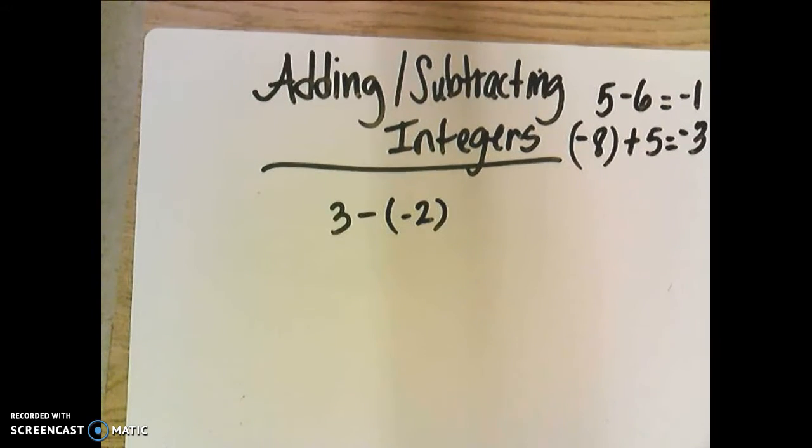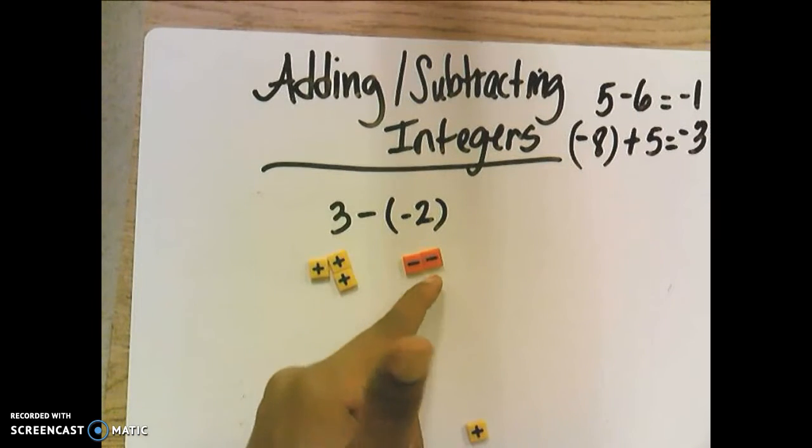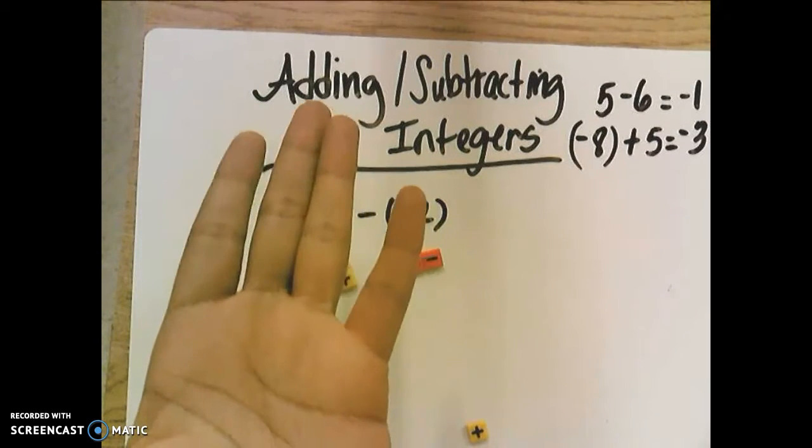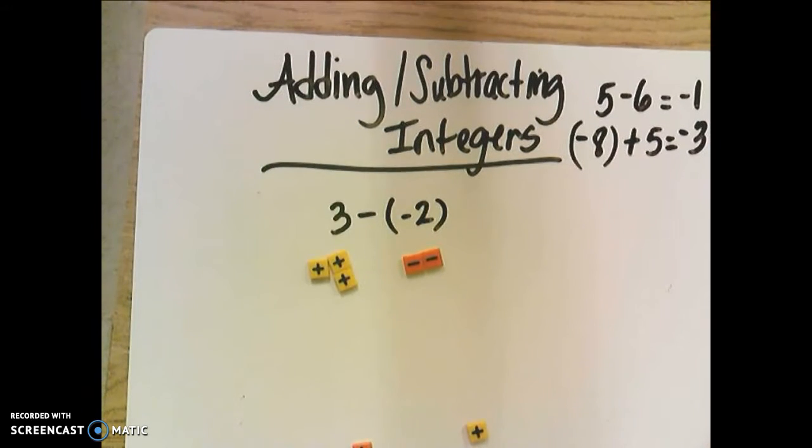So here's another one, 3 minus a negative 2. Let's represent that one with algebra tiles. Here we go, I have my 3 minus a negative 2. 3, negative 2, but I never dealt with the minus sign. So what can we do? We wonder, minus a negative.